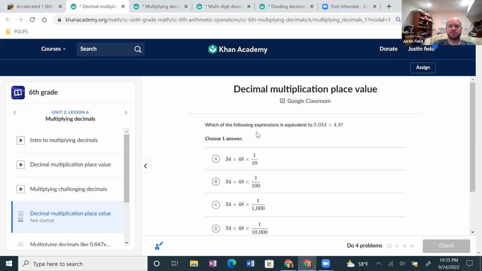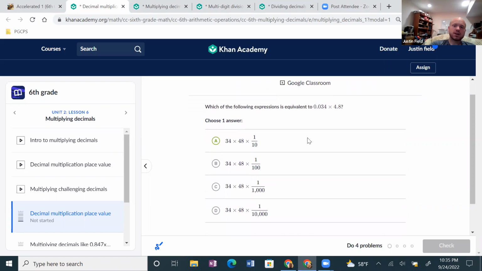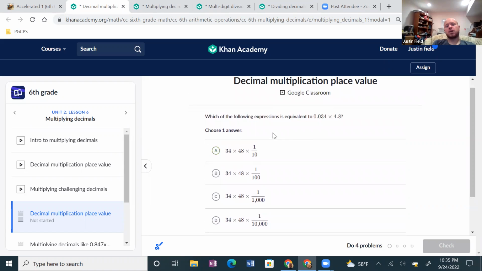So what we're saying here is, if we have this number, it is the same as 34 but with the decimal point moved 1, 2, 3 spaces. So times 1,000, because we moved the decimal point 3 spaces.